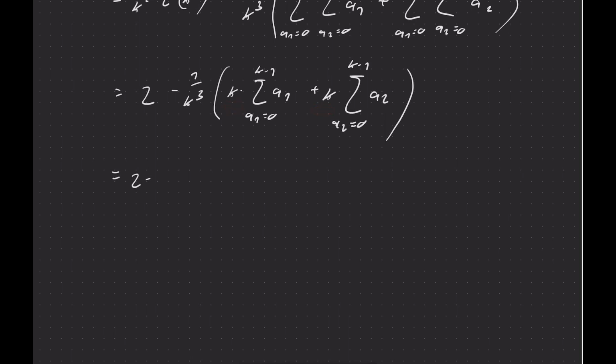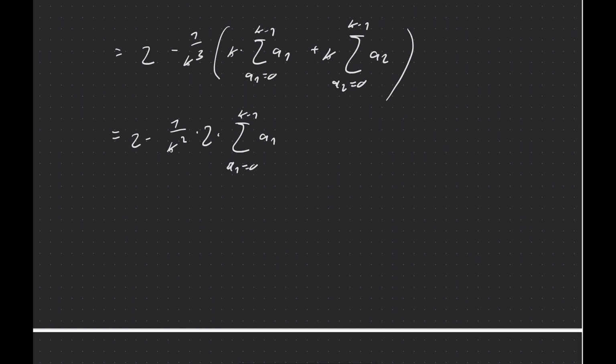And that means what we get here is 1 over k squared. Then you'll notice this sum here is the same as this sum here, of course. So the index is called A1 in the first sum and A2 in the second sum, but the values are exactly the same. So that's the same thing as 2 times just this one sum. Let's just use A1 from 0 to k minus 1, A1, like this.